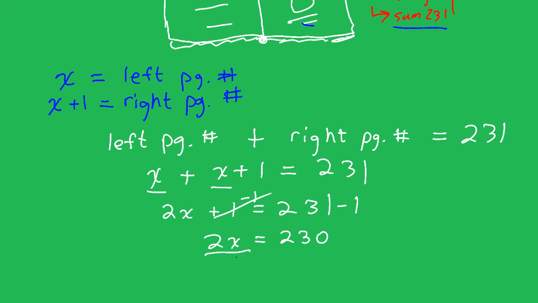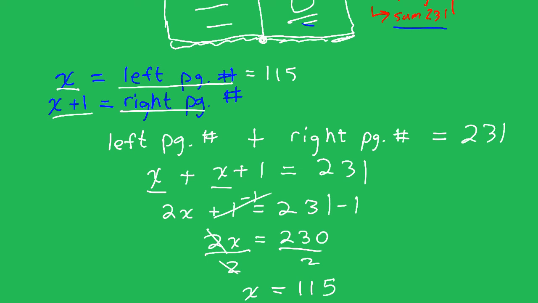And lastly, divide by 2 on both sides to get x alone by itself with a coefficient of 1. x is equal to 230 divided by 2, which is 115. So we've solved for x. Now what does that mean? Well, it means that x, which is the left page number, is equal to 115. And it also means that x plus 1, which is the right page number, is going to be page 116.